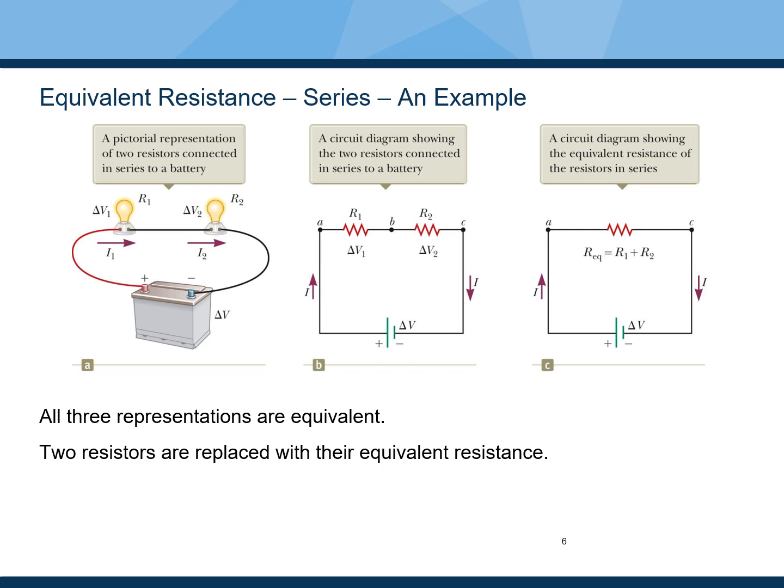Now, for an incandescent light bulb, the reality is that it generates more heat than light, but the light is the only useful part of what you get from an incandescent light bulb. That is less so for an LED light bulb, which is why LED light bulbs are more power efficient. So with this understanding, we can actually go ahead and develop a good appreciation of resistors in series.